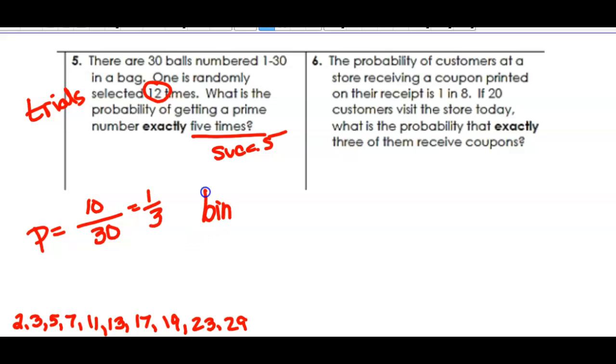So we would have binom PDF, 12 trials, probability of success is 1 in 3, and we want to succeed exactly 5 times.